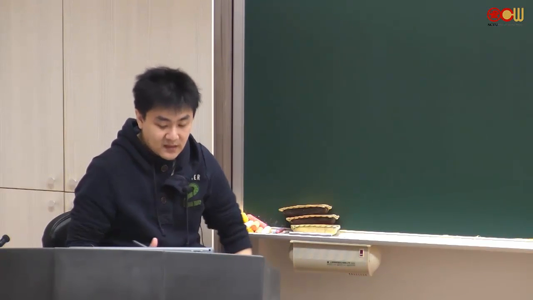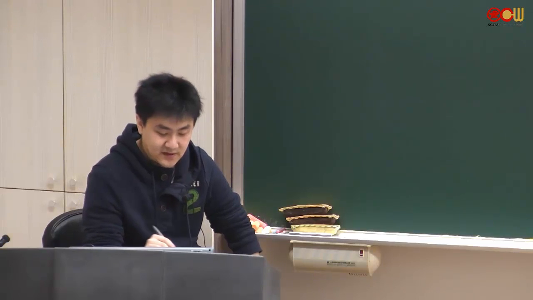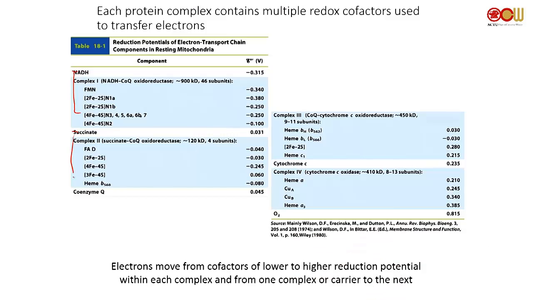Now, what you can see is that in each of the complexes, you have a bunch of different iron centers. And each different iron center will have a different standard reduction potential.